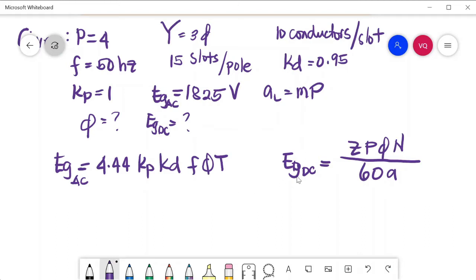So first, these are given. We can calculate speed by frequency is equal to Pn over 120. And A here is in lap winding. So the unknown here is the flux. We'll compute this flux in our generated voltage in AC.